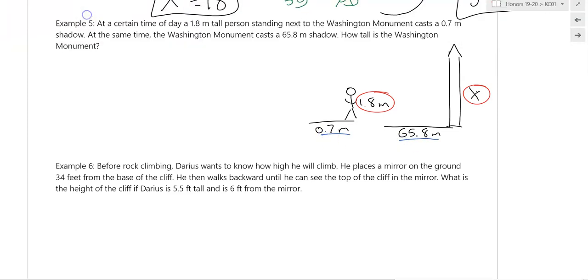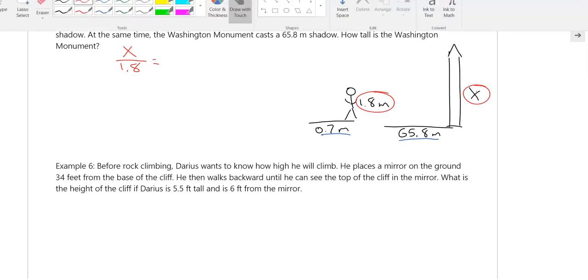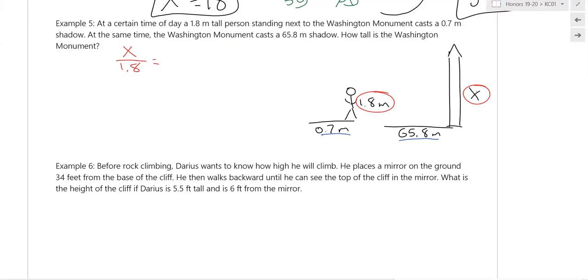Okay? So now I'm doing the same thing. X over 1.8 equals 65.8 over 0.7. Cross multiply.